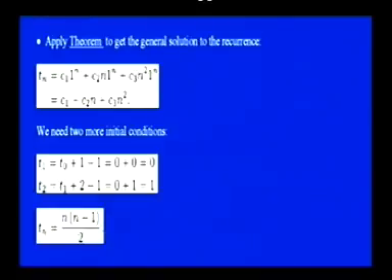So, now all I have to do is go back to the solution and make substitution like n equal to 0, n equal to 1 and then n equal to 2.